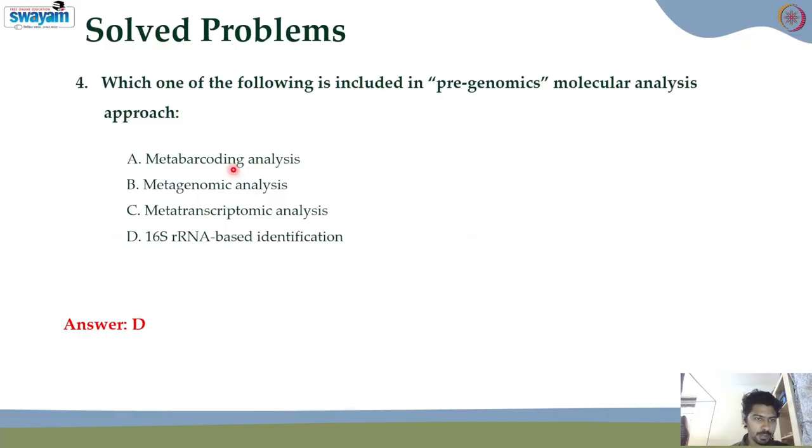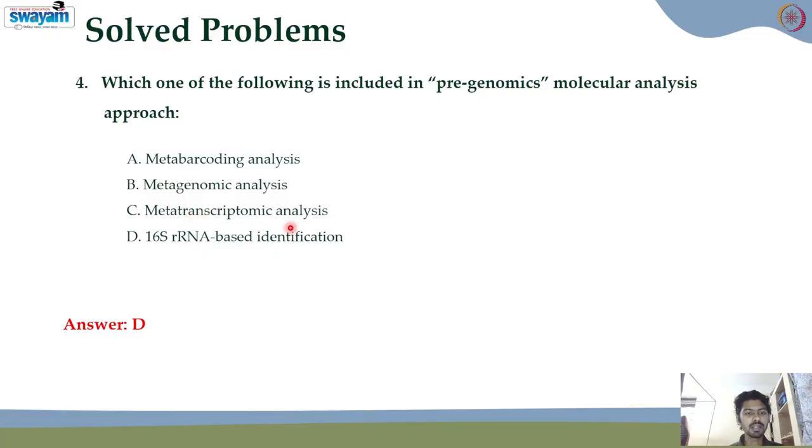If you see the other options, the first one is metabarcoding. It uses DNA as a barcode to identify the species, used in conjunction with next-generation sequencing, and these next-gen methods are all post-genomic molecular analysis. Metagenomics sequences the entire DNA content, so it is also considered a post-genomic approach.